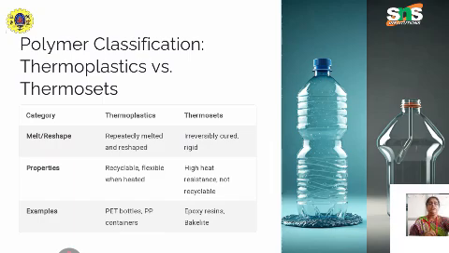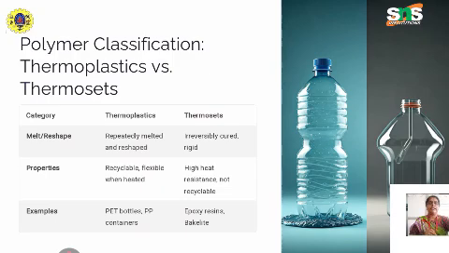Polymers are classified into two main types, thermoplastics and thermosets. They have different characteristics when you compare melting or reshaping of the materials.